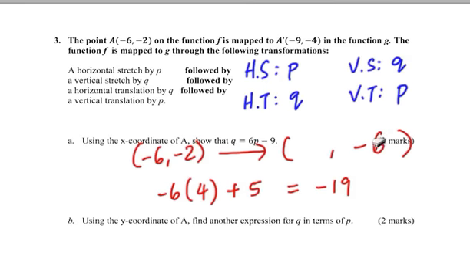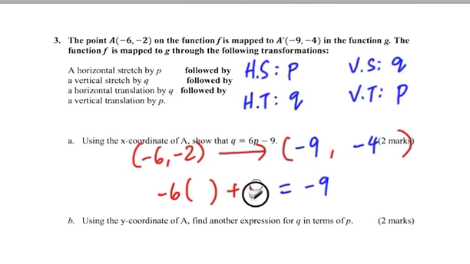So let me just put this in blue, -9, -4. So I did this using the x-coordinate, so there's no longer 19. This is going to be equal to -9. Now remember, previously I had 4 and 5 over here, which is why I have 4 and 5 over here. So let's do this without maybe the 4 and 5.